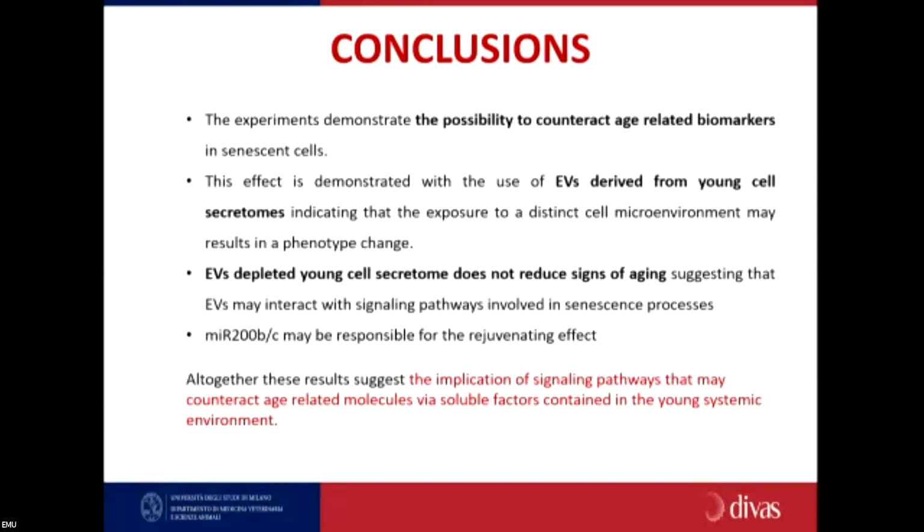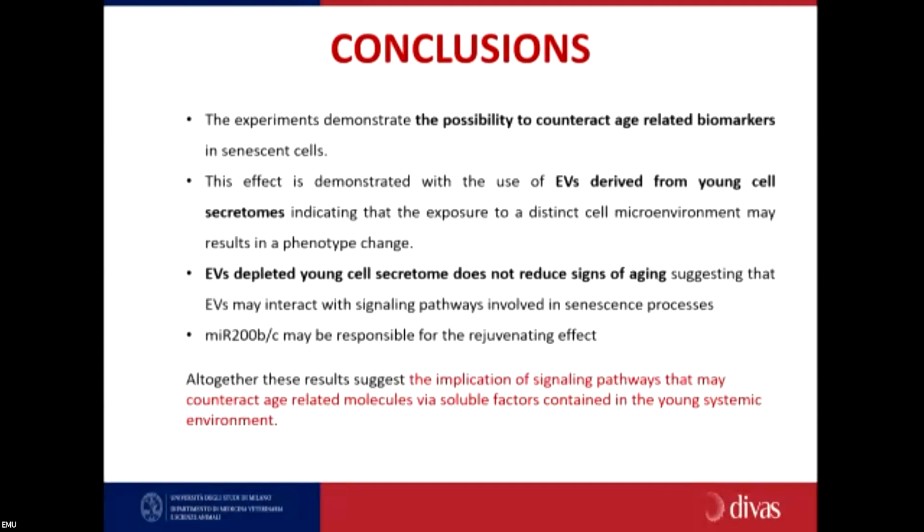Okay, so in conclusion, what we can say is that this experiment demonstrates the possibility to counteract age-related biomarkers in senescent cells, and this effect is demonstrated with the use of EVs derived from young cell secretome. And if we depleted young cell secretome from EVs, we did not detect any effect.